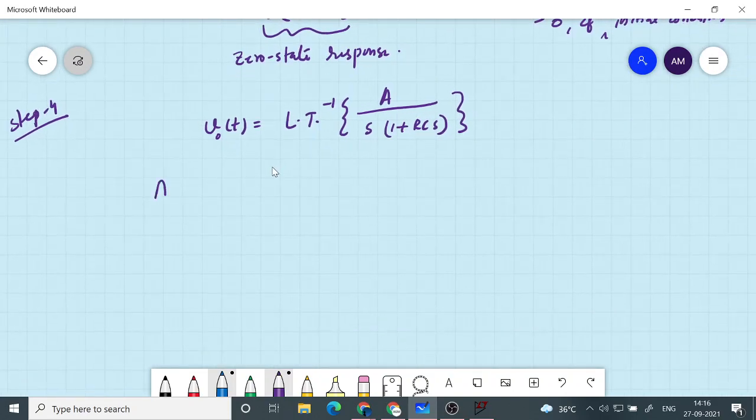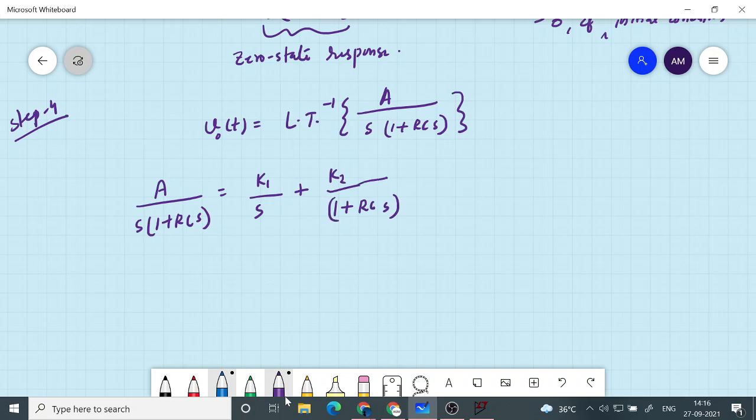What you need to do is take that expression and write it as a partial fraction. A is already used, so let me use different variables for residues. So it is K1 by S plus K2 by 1 plus RCS. So we need to find K1 and K2.